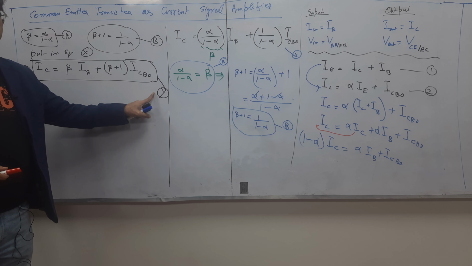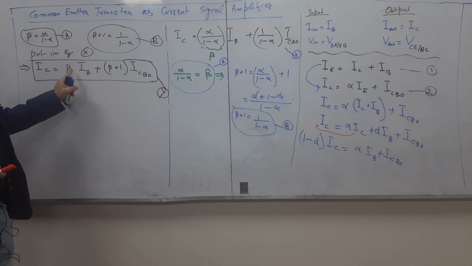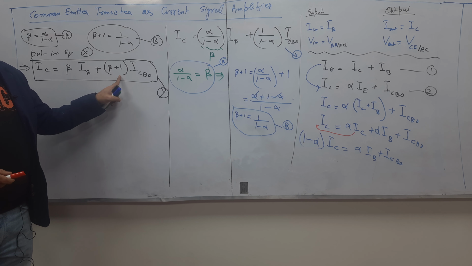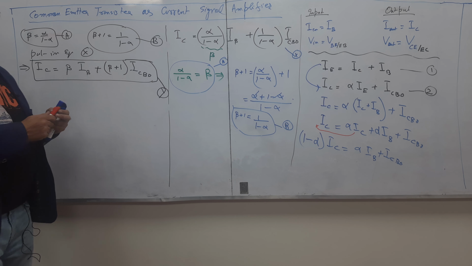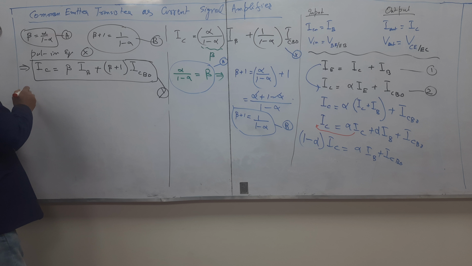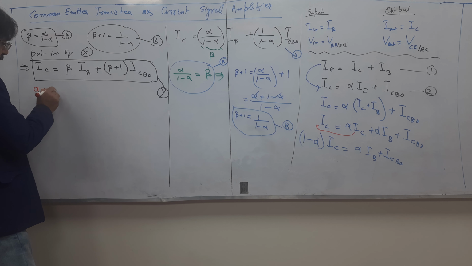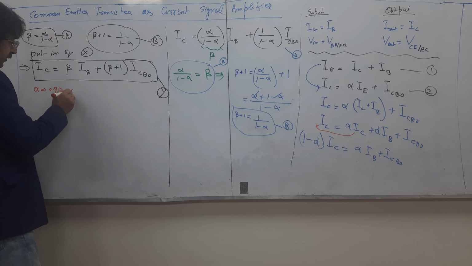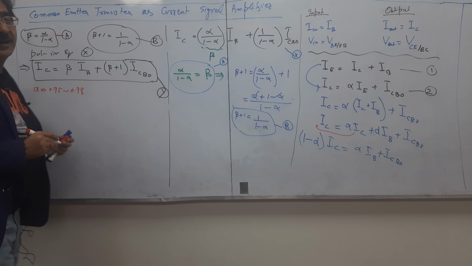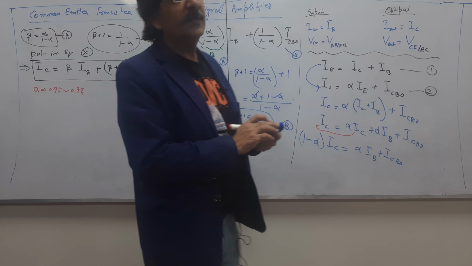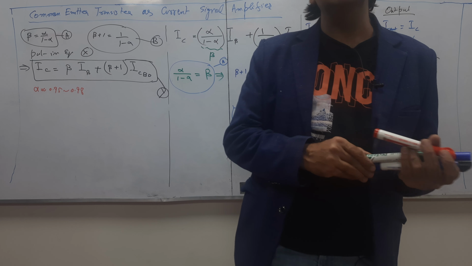So collector current will depend upon the beta value. And alpha value is from 0.95 to 0.98. I have already explained it previously.